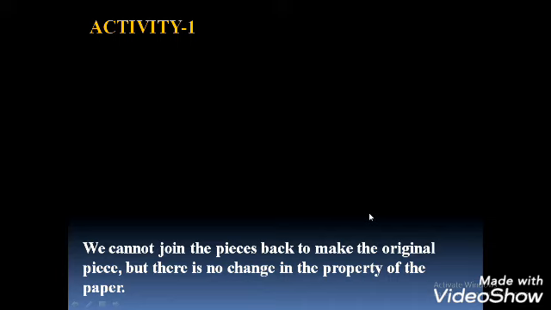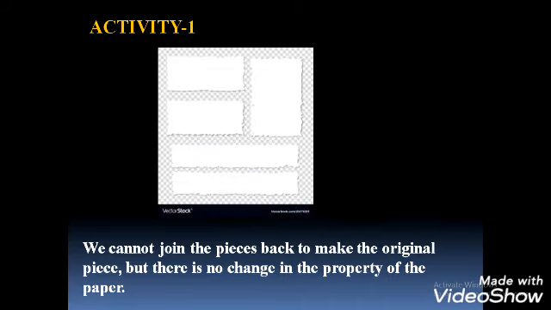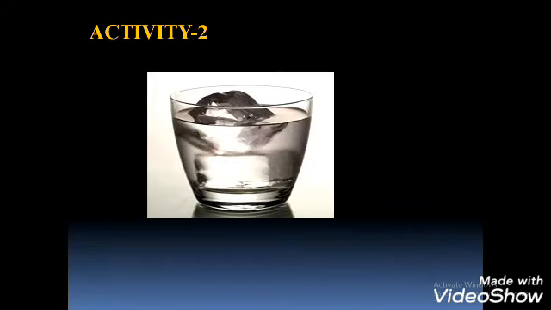So we can say that in the first activity, the paper cut into a few pieces, we cannot join the pieces back to make the original piece. Is there a change in the property of the paper? No, there is no change in the property of the paper. Then when we move to the second activity, the ice changes into water.